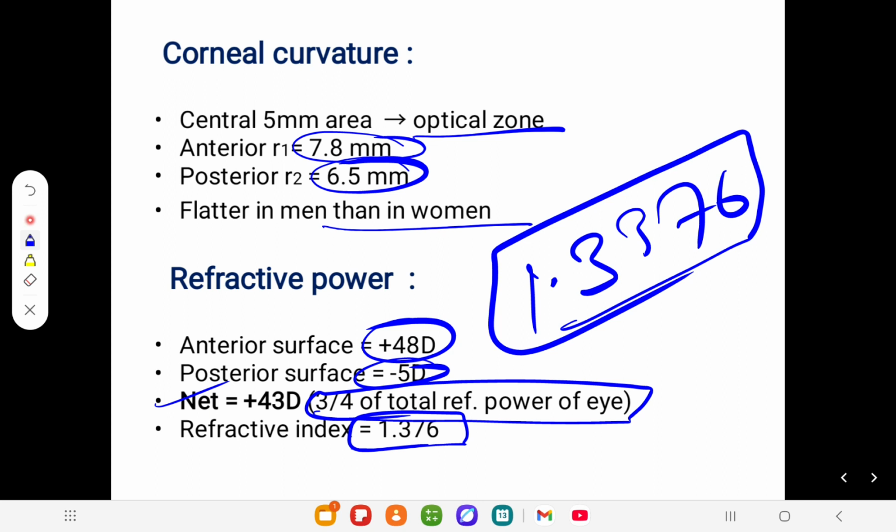That's why we account for the posterior surface by reducing the refractive index in corneal topography or keratometry. So that's the difference. In actuality it's 1.376, but in keratometry we consider 1.3375.